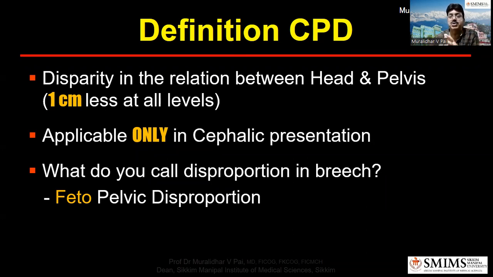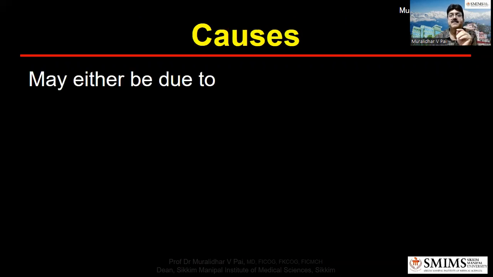If the baby is huge, more than 3.5 kgs, or even, in Western standards, 4 kgs, you should not take any risk by giving vaginal birth for such a breech or other malpresentations. So you can call it fetopelvic disproportion if you want, but we are not going to assess that. We are only going to assess cephalopelvic disproportion. Let it be clear. What are the causes?